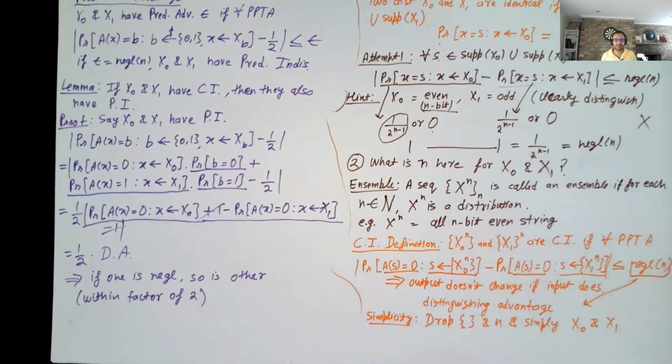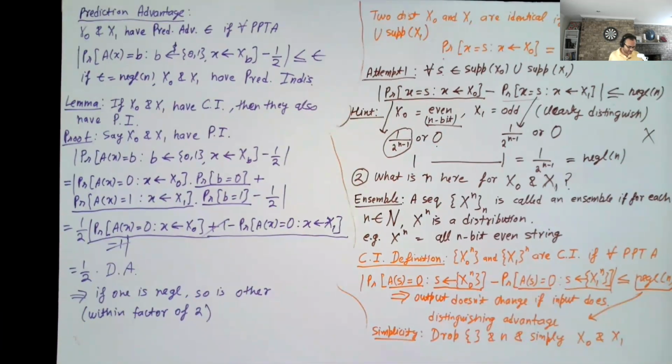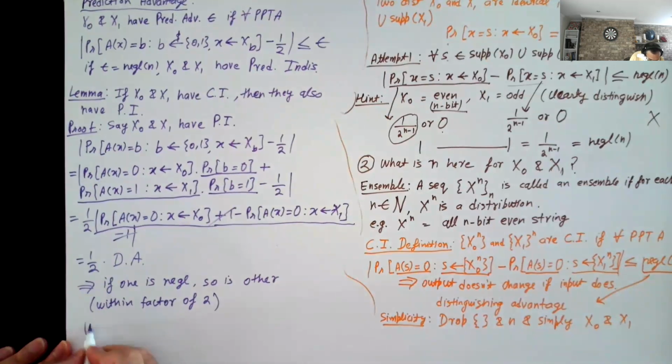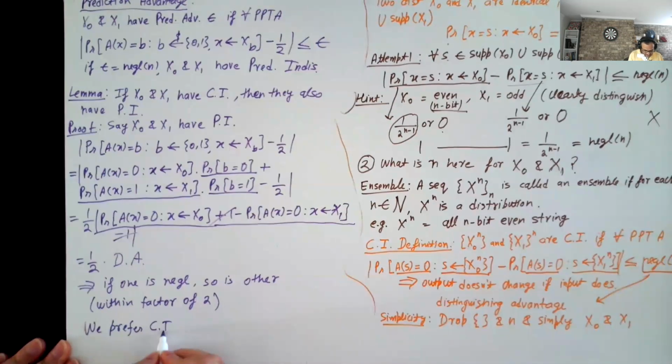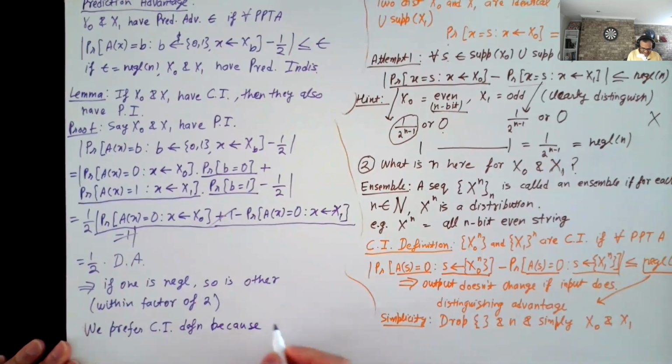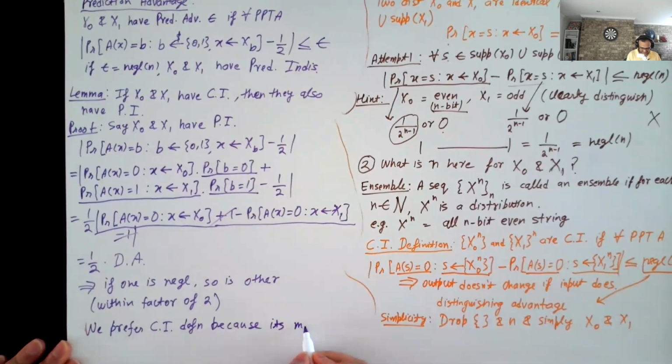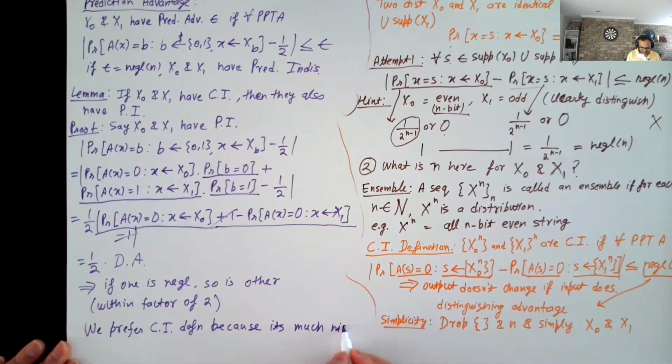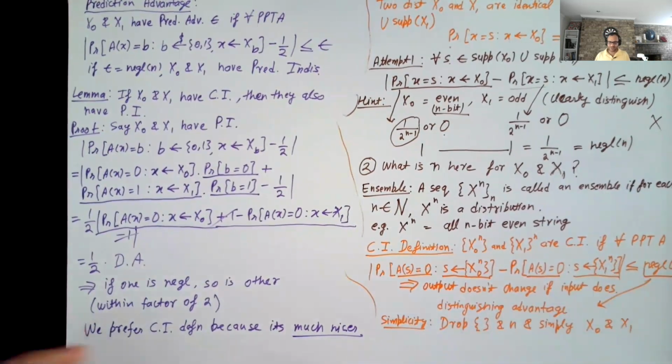In the bigger scheme of things, looking at advantages, looking at asymptotics, this factor of 2 doesn't really matter at all. So why did we use the computational indistinguishability as opposed to maybe the more natural prediction advantage? So we prefer the computational indistinguishability definition because it's much nicer. What do I mean by much nicer?